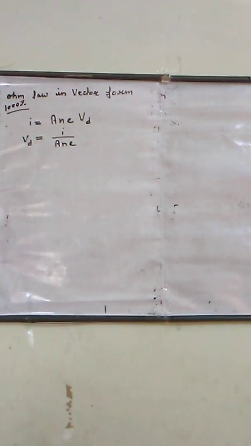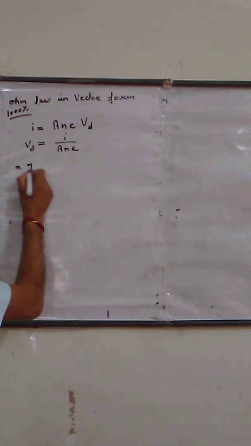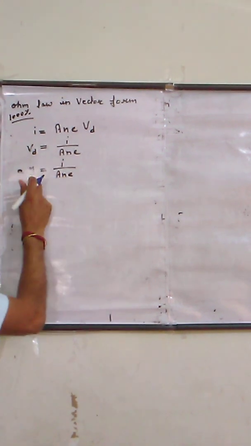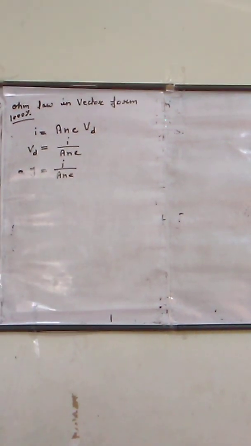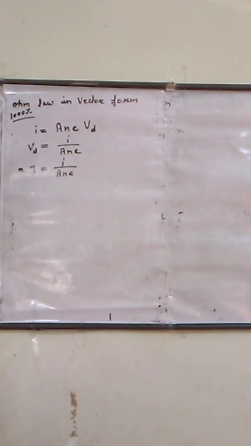Now convert this VD. We can write it like this: I upon ANe equals a tau, where tau is the relaxation time and a is the acceleration due to the drifting velocity of the electron.